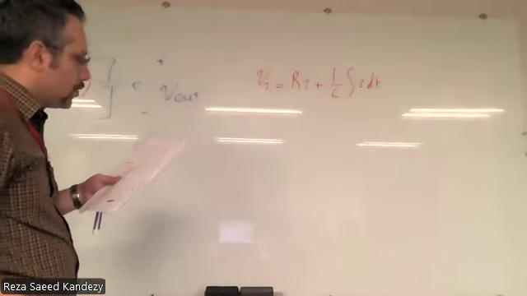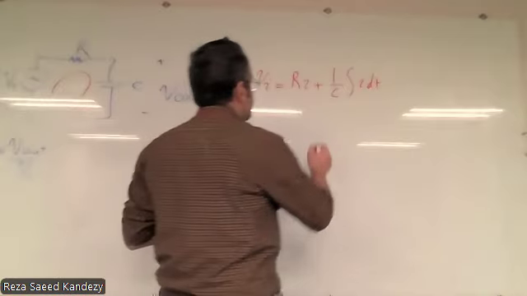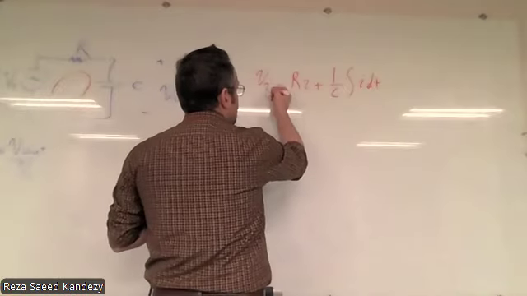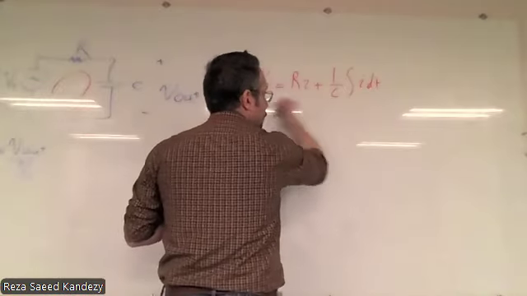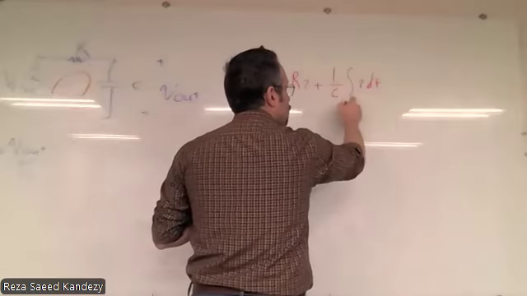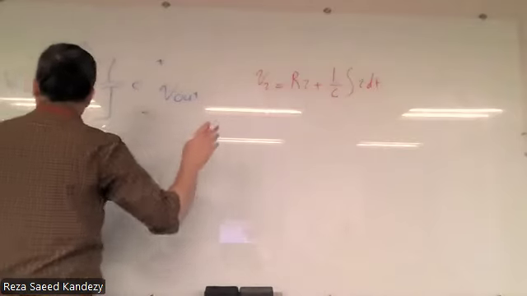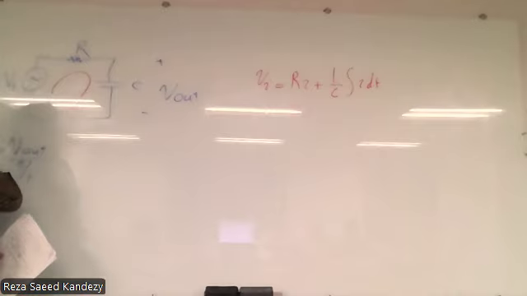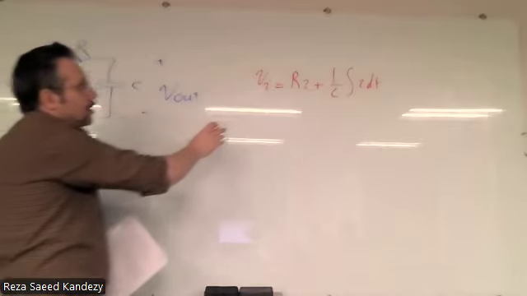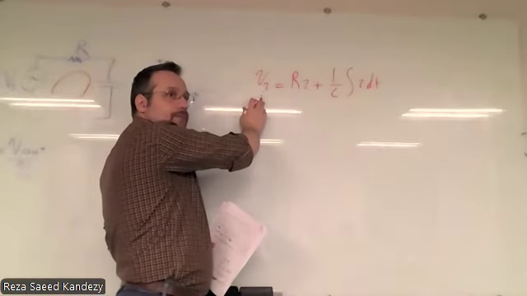Another way to describe that is to differentiate this equation to get rid of the integral. We already said that when we want a transfer function, the input is going to be the step function.